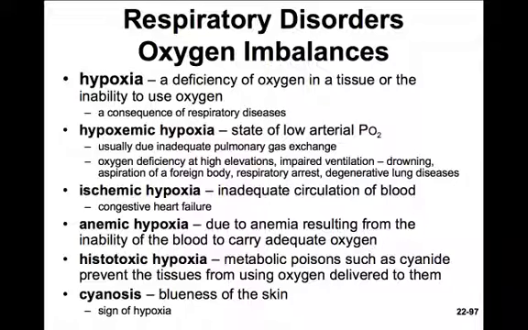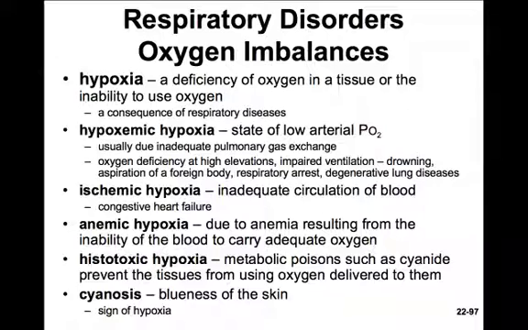Hypoxemic hypoxia is a state of low arterial partial pressure of oxygen. It's usually due to inadequate pulmonary gas exchange. Oxygen deficiency at high elevations, impaired ventilation, i.e. drowning, aspiration of a foreign body, respiratory arrest, or degenerative lung diseases can bring on hypoxemic hypoxia.